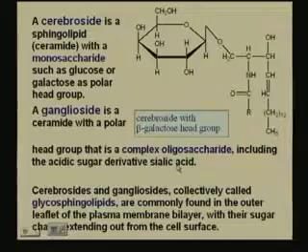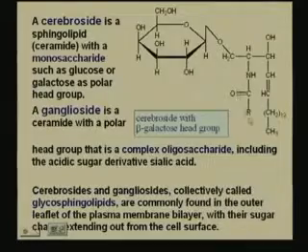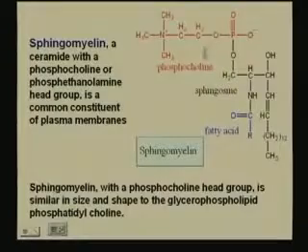Now, again there is one other thing that we need to know. Again we remember what a ceramide is. A ceramide is a sphingosine with a fatty acid, with an OH. Now, you have to recognize that that H can be replaced. If you replace this H with phosphocholine, you have sphingomyelin.